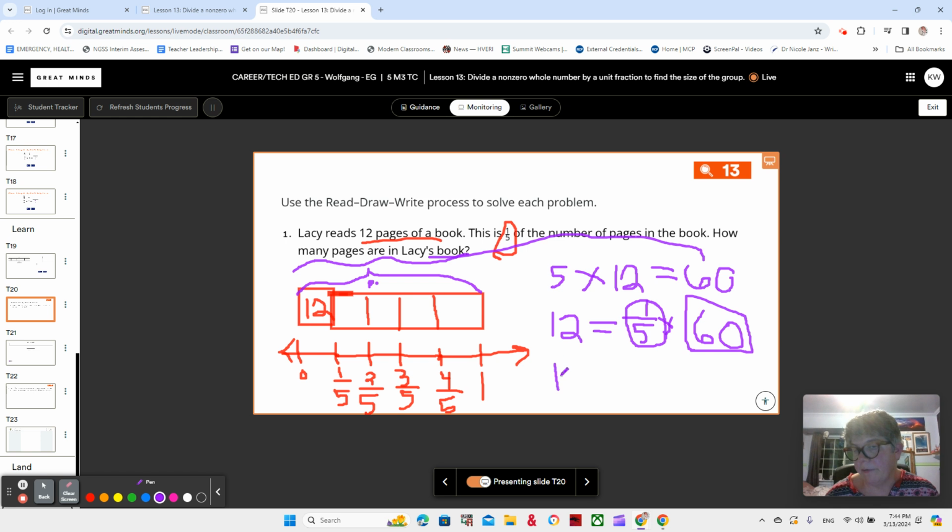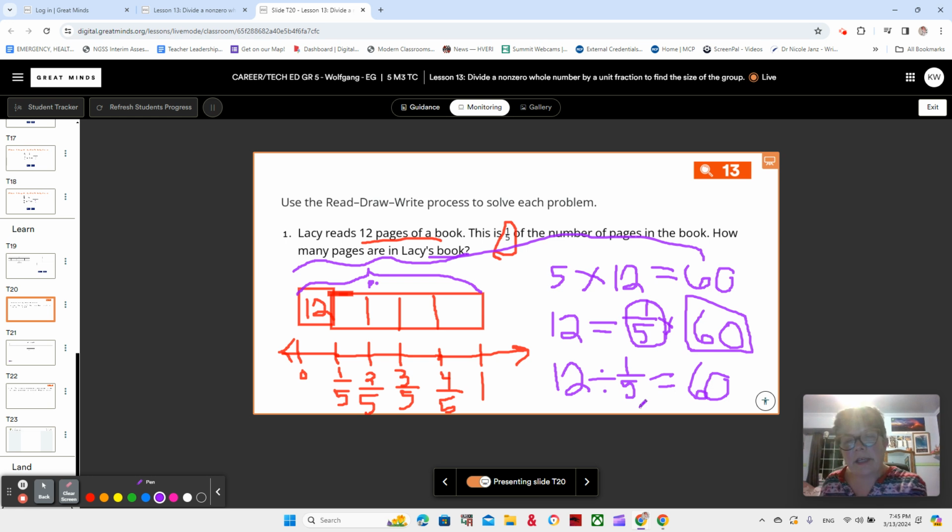So 12 divided by 1/5 equals 60. Does that work? 1/5 is the number of groups, and 60 is the size of the groups. If you're struggling, it's okay.